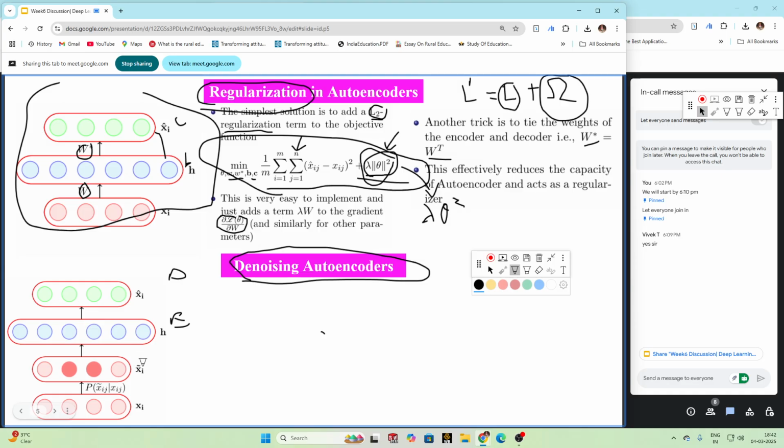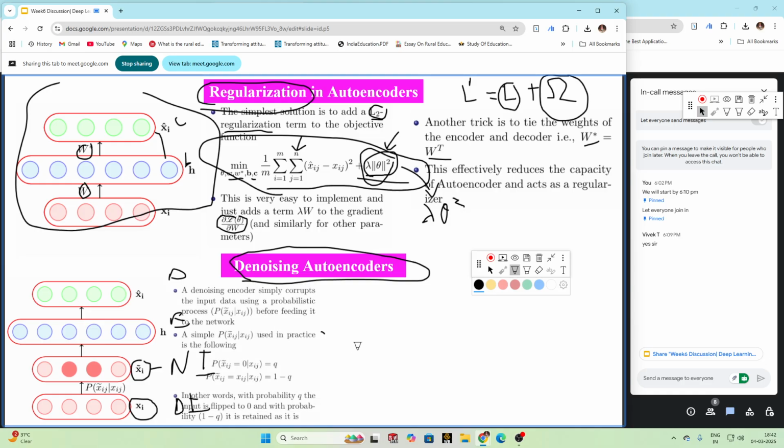This noisy input we will supply for encoding and then decoding. Again we are doing some kind of regularization. So this is the concept of the denoising autoencoder.